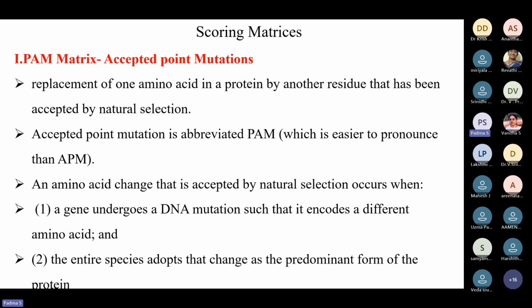Dr. Vanitha ma'am is going to tell you about AutoDock and other parameters, where we take the structure of a protein and dock it with some chemical, which is useful for drug discovery. So many applications are there when we know the protein structure.